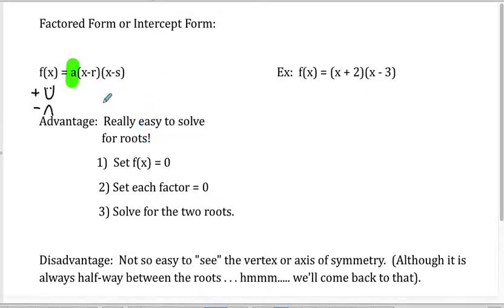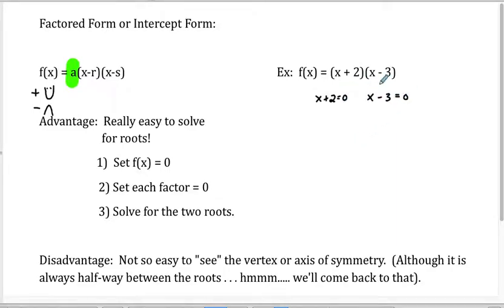We can use these facts of factored form particularly well for finding the roots. Remember that when you're solving a quadratic equation, you can solve it by factoring it and setting each factor equal to 0. Because it's already factored, it's pretty much 90% of the way to being solved.